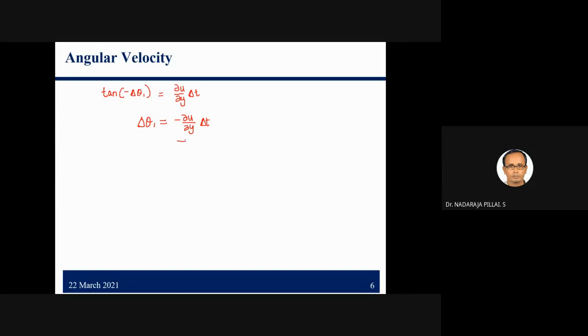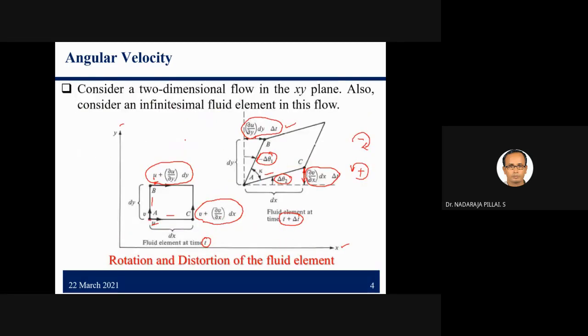So now let us consider the angular velocity. What is angular velocity? This d theta 1 by dt and d theta 2 by dt is the angular velocity, right?